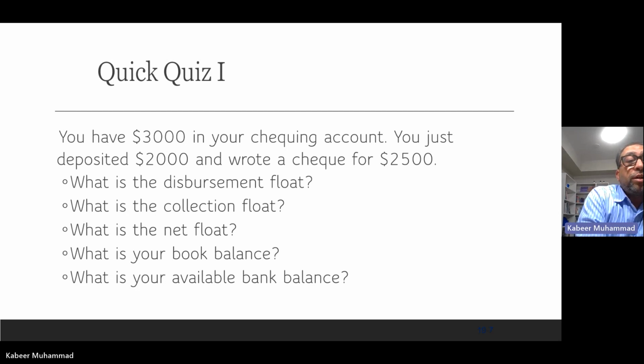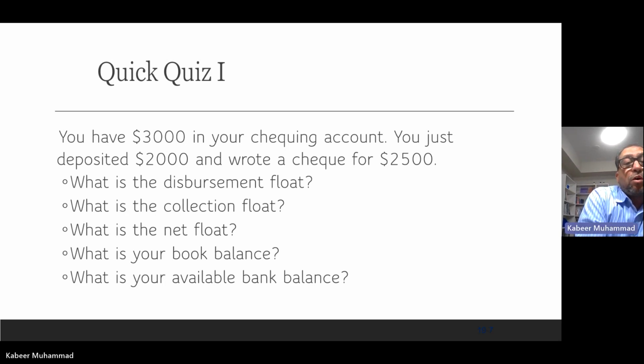The net float is 2,500 minus 2,000. So we see here the net float is 500 positive. What is your book balance? Book balance is 3,000. We deposited 2,000.